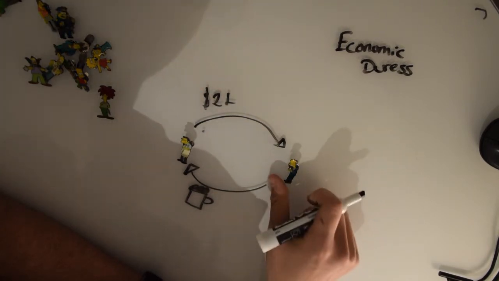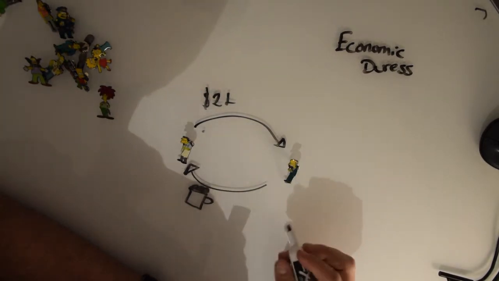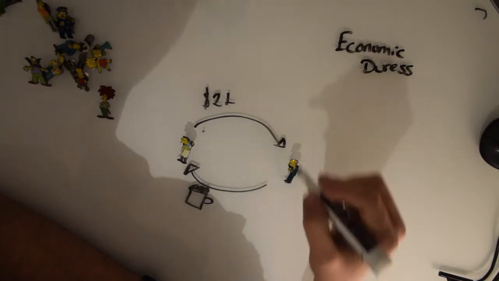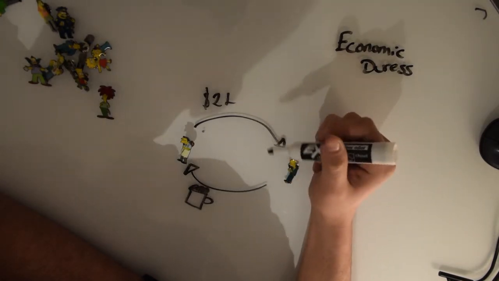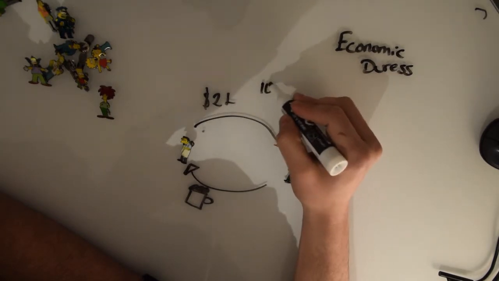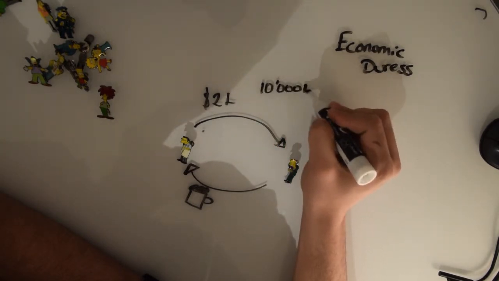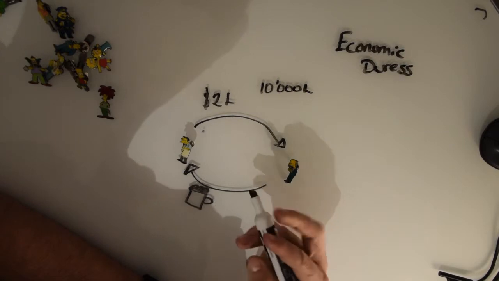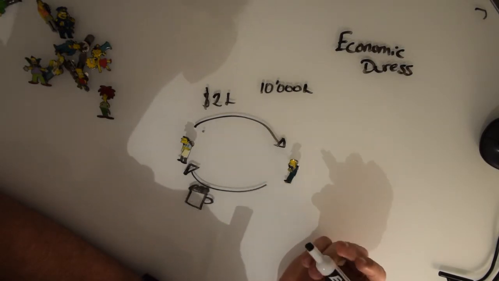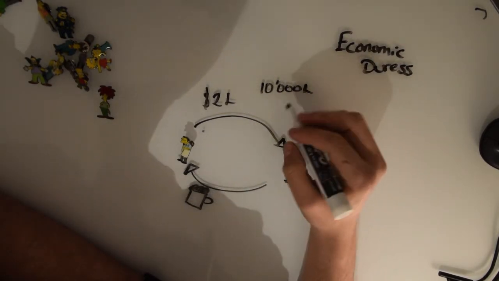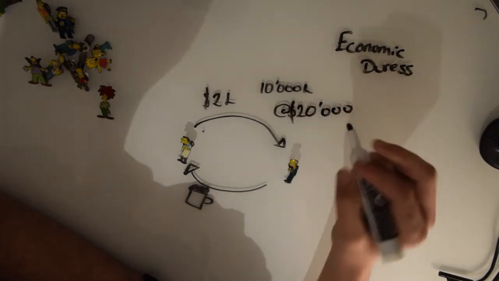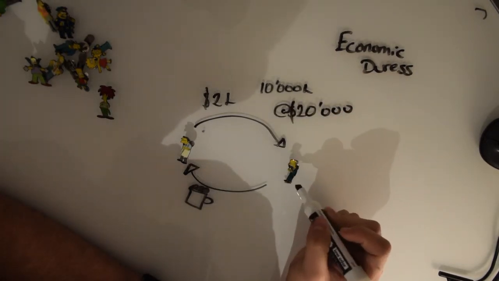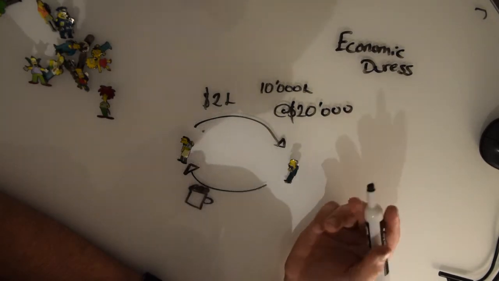Or let's say that there's a big shipment of 10,000 litres coming in. So the cost of this would be $20,000. So $20,000 is to be paid to Mr. Burns in return for 10,000 litres of the beer.